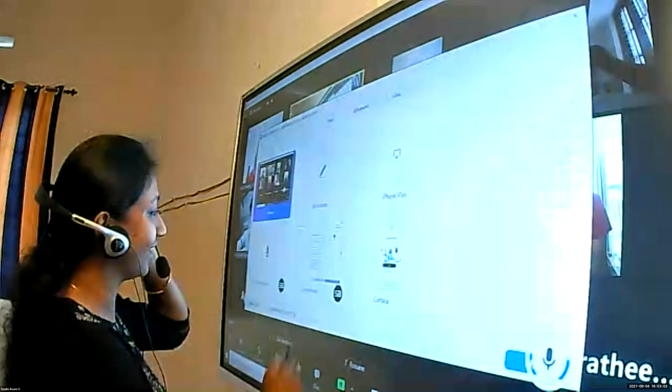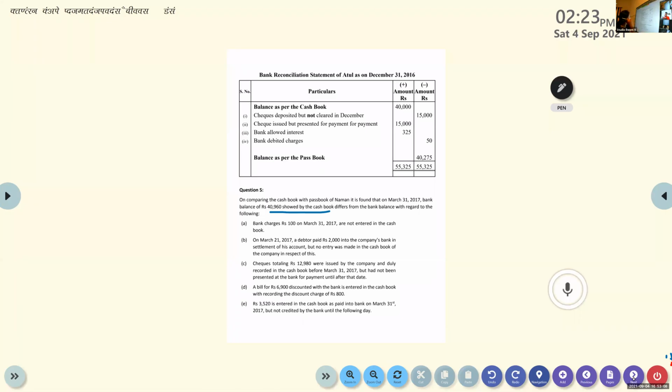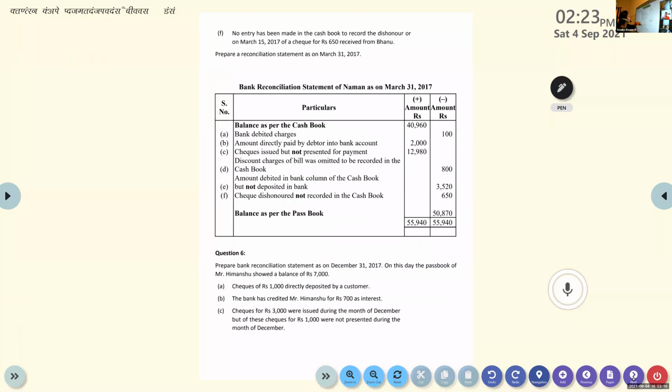We'll make changes in the cash book. Check issued but not presented for payment. We add it back. This should be thorough. Then only we can move to the next one. That is starting with the balance as per passbook.